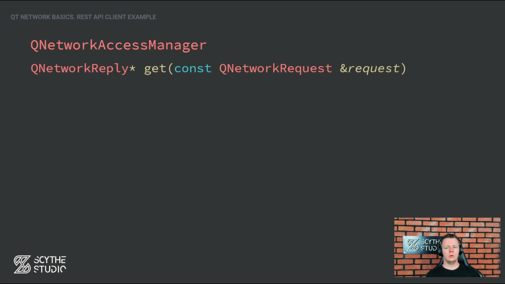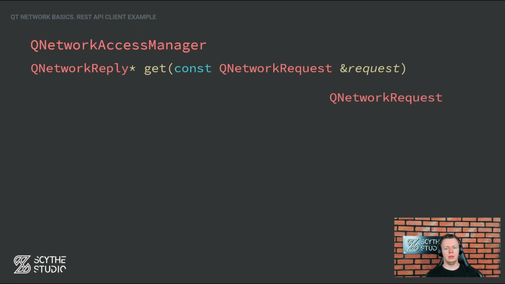Then we need to somehow construct such a request. We need to define precisely what we want to do and from which endpoint on the server we want to get data. We can use the QNetworkRequest class for that. This class represents a request and contains the URL, headers, and other information.